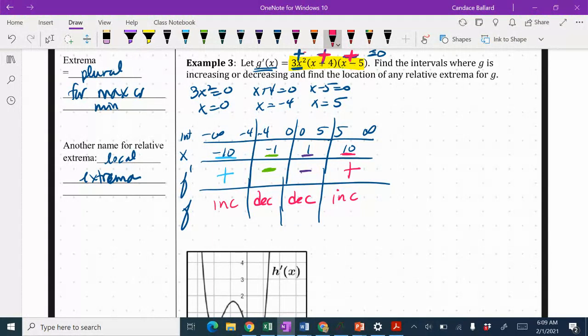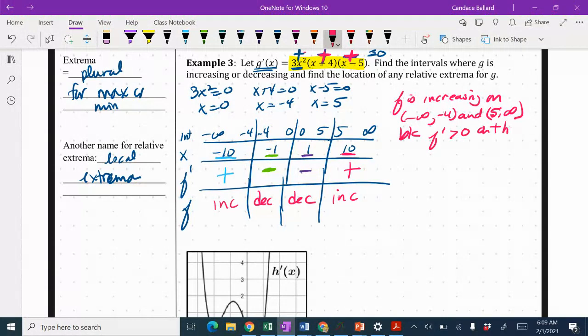Okay, so we know that. Let's start with our increasing and decreasing. F is increasing on negative infinity to negative 4 and 5 to infinity because f prime is greater than 0 on these intervals.